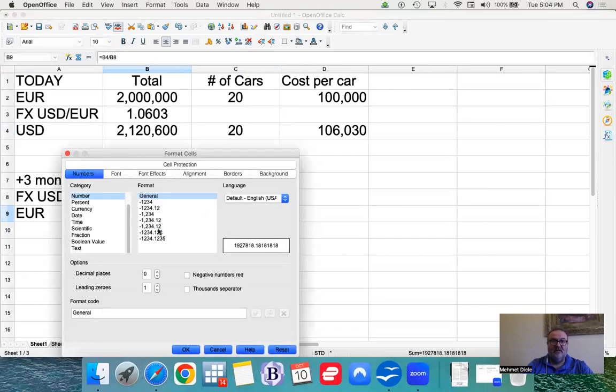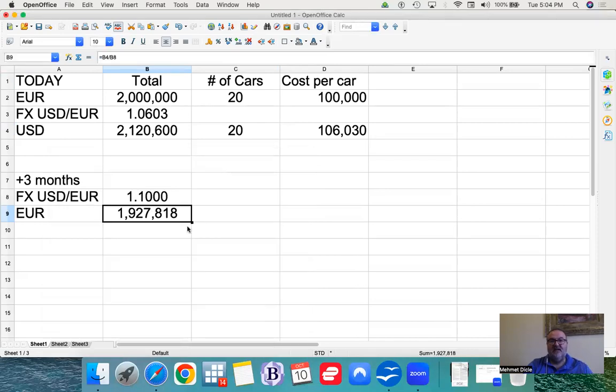And notice that it is actually less than the 2 million euros. So the exchange rate going up is going to affect us terribly, and we're going to actually lose a little over 70,000 euros. So how do we fix this?